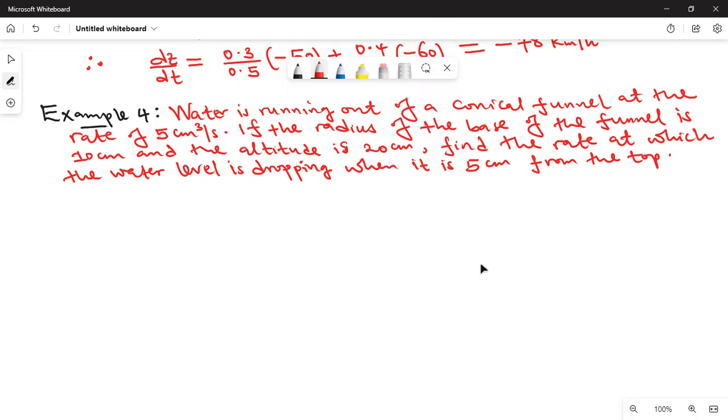So as usual, we are going to sketch this kind of a funnel. You see now, this is a funnel where the base area is at the top because it is like a cone that is tilted upside down. So the base is now at the top. So we draw the base at the top.